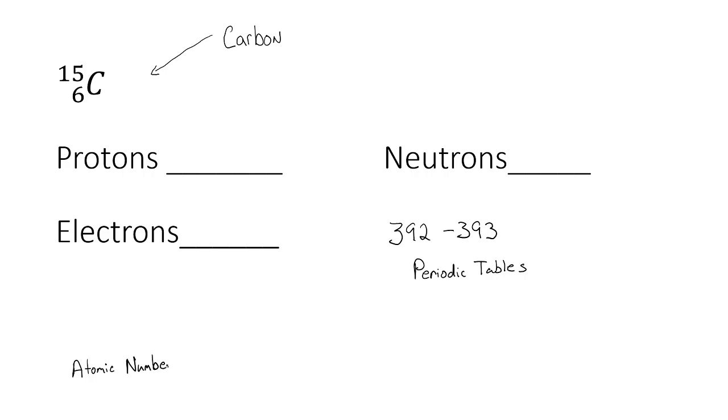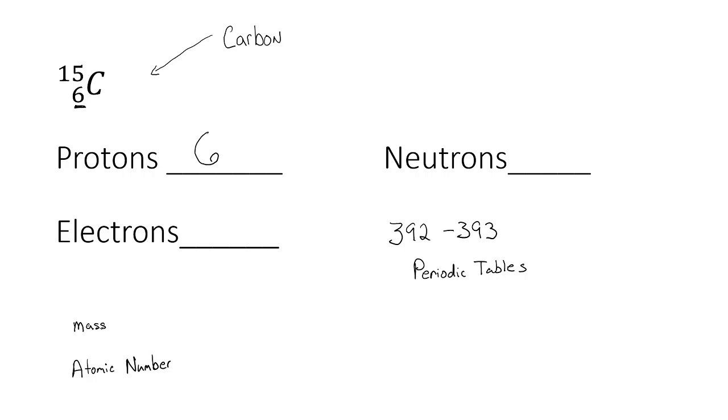What makes it carbon is that it has 6 protons, and I find that by the atomic number right there. Carbon will always, always, always have 6 protons. If it gets more protons than that, it's not carbon. A lot of the elements and their nature is determined by the number of protons.